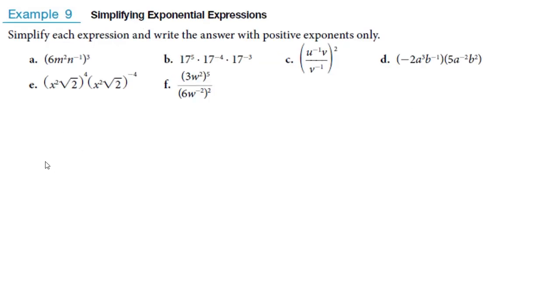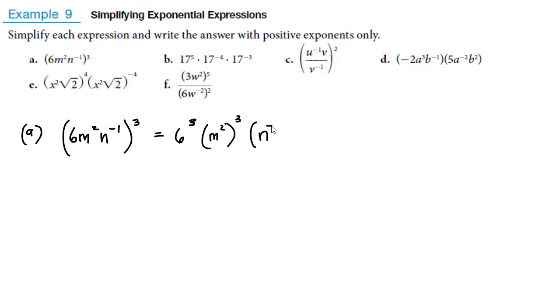Example 9 asks us to simplify exponential expressions and write the answer with positive exponents only. Part A, 6m squared n to the minus 1 all to the power 3. So that is 6 cubed, m squared cubed, and n to the minus 1 cubed.